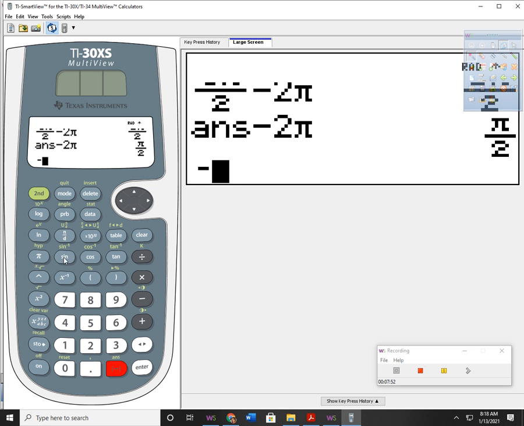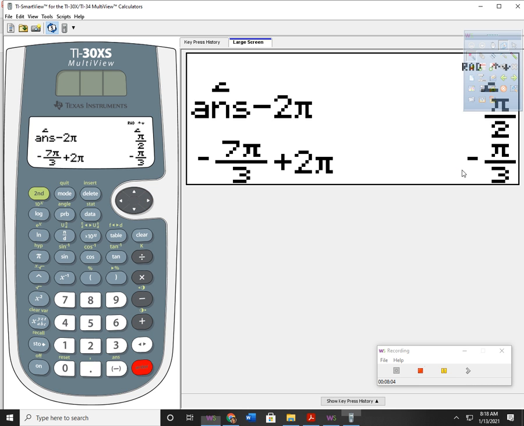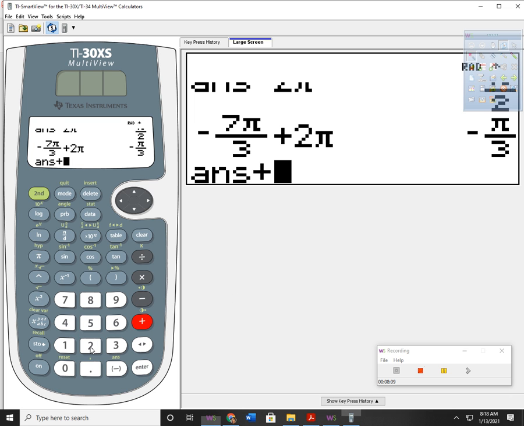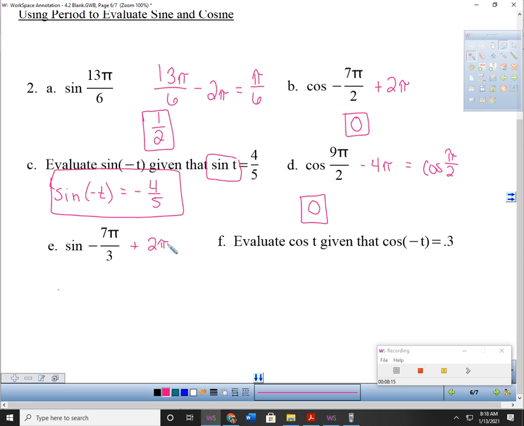So negative 7 pi over 3 plus 2 pi. All right, plus 2 pi is not enough, right? But I'm going to add another 2 pi to bring me back another whole revolution, and I get 5 pi over 3.